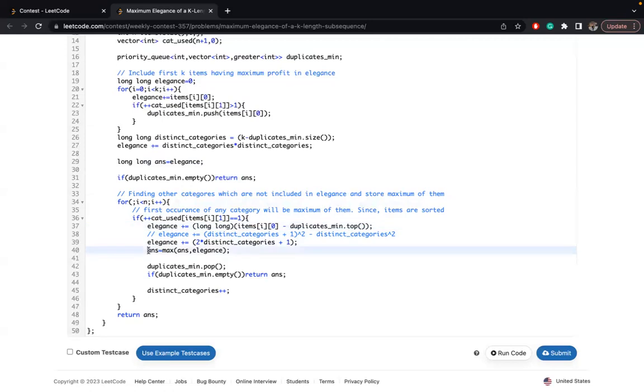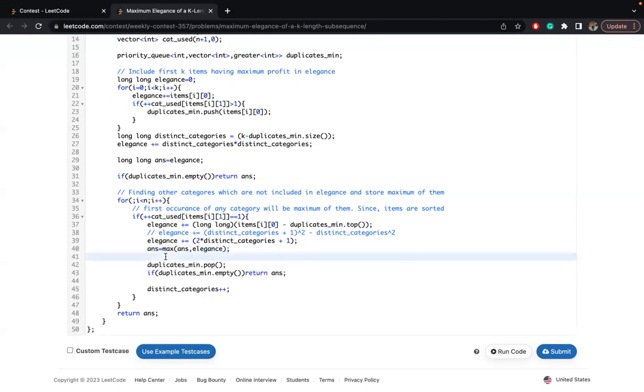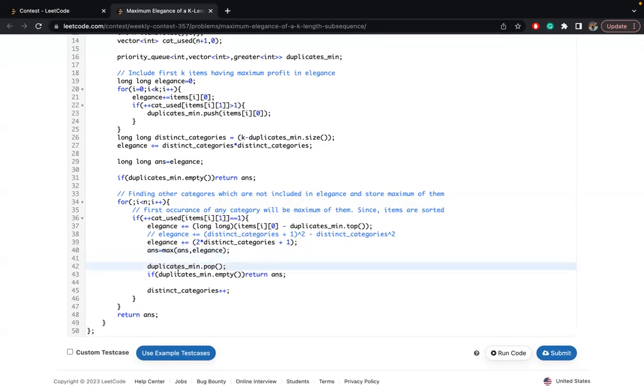And to find the answer, I have to just compare if this elegance is more or not. If this elegance value is greater, then I'll update the answer. The next thing is, I'm removing that duplicate since it has already been used. And I'm also checking if duplicates is empty, then I can return the answer. The next thing is, basically I'm increasing distinct categories one by one.